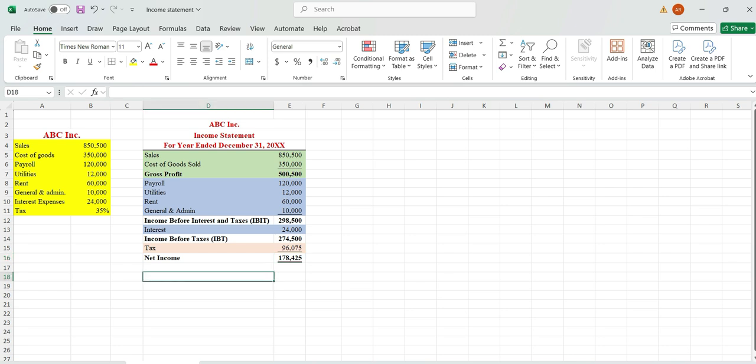So that's how simply you can make an income statement based on anything.